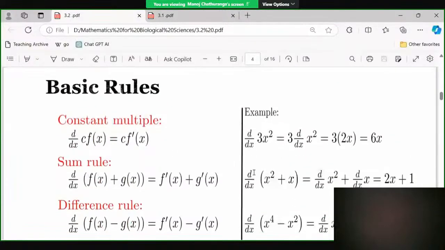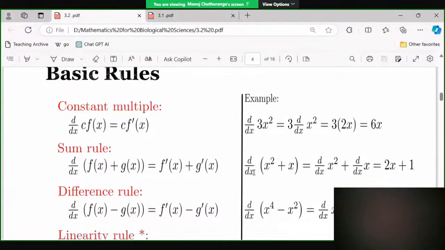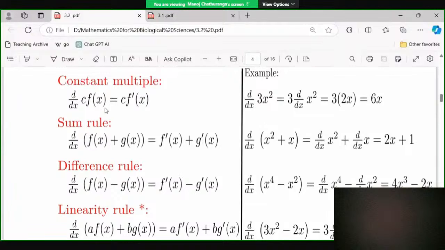And in addition to that, we have these rules. The first rule is for the constant multiple. If you have a function multiplied by a constant, like 2x or 3x squared, for the differentiation, the constant does not participate in computation.